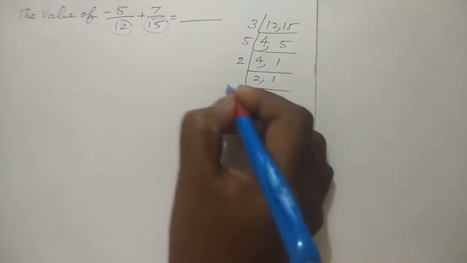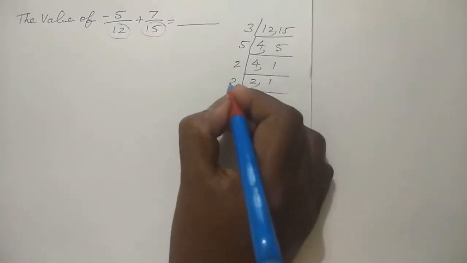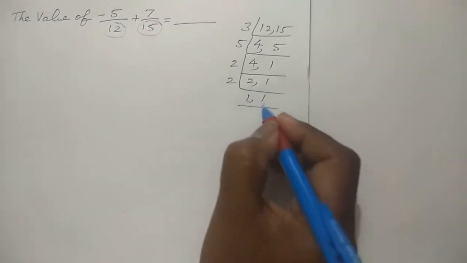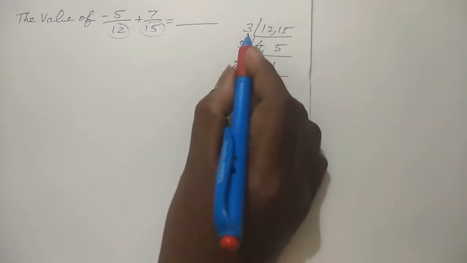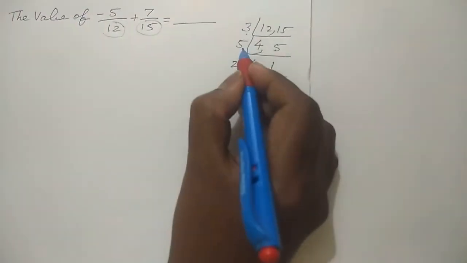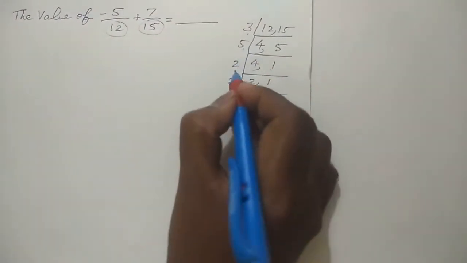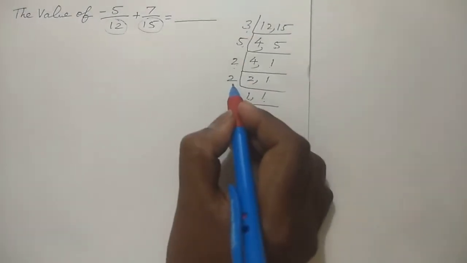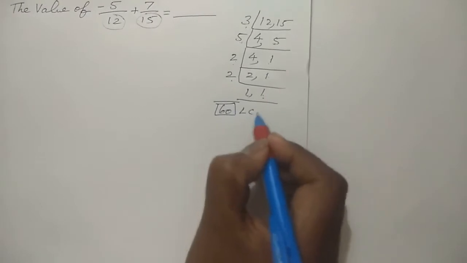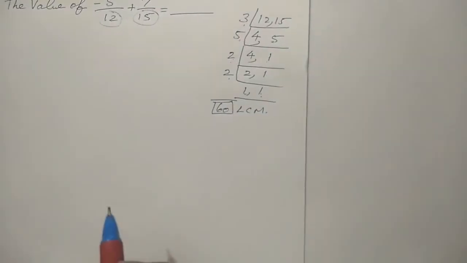So 1 comma 1, we stop now because we got 1 comma 1. What we got is 3, 5, 2, 2. Now multiply everything: 3 5s are 15, 15 2s are 30, 30 2s are 60. So the LCM is 60.